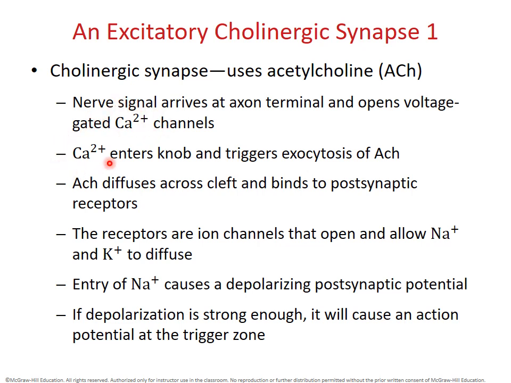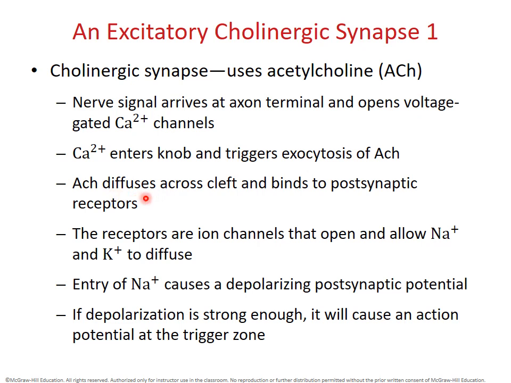The calcium, as I mentioned back in the muscle chapter, enters the axon terminal and activates kinase enzymes which alter the fluid nature of the membrane, making it more fluid. This increase in fluidity is what triggers exocytosis of the synaptic vesicles, which, remember, are docked just beneath the cell membrane, and acetylcholine is released.